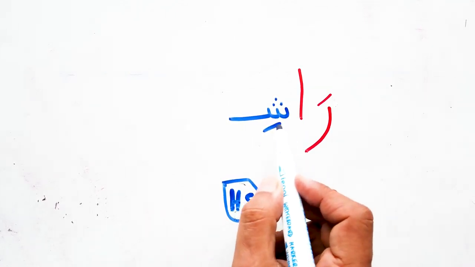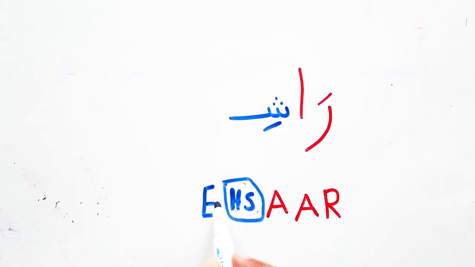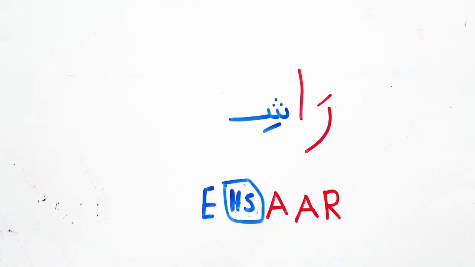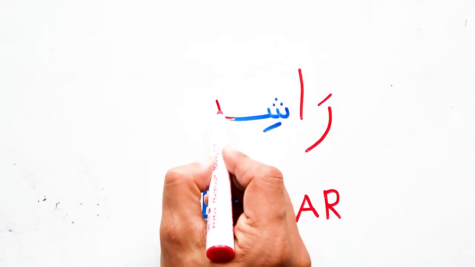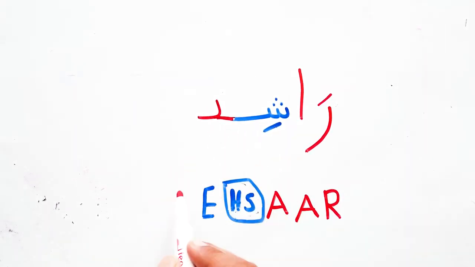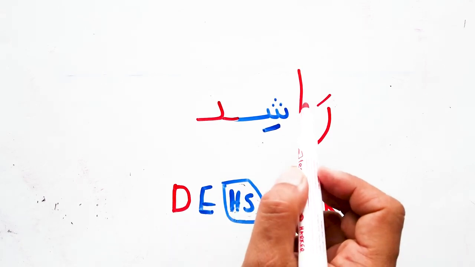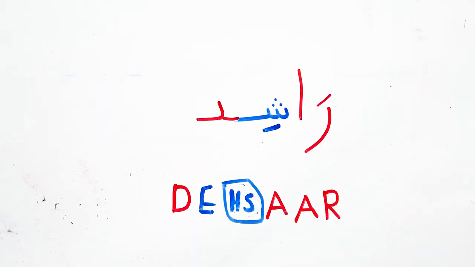Sh, rashi. We have the sound of E here. Rashid, the sound of D. In the end, this letter sounds like D. So like this. Rashid.